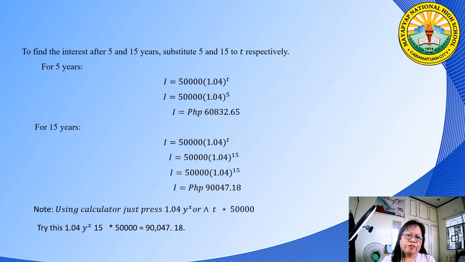And to find the interest after 5 and 15 years, substitute 5 and 15 for T respectively. For 5 years, using the model formula to find the compound interest, I equals 50,000 pesos multiplied by 1.04 raised to T. And then you replace T by 5 years.